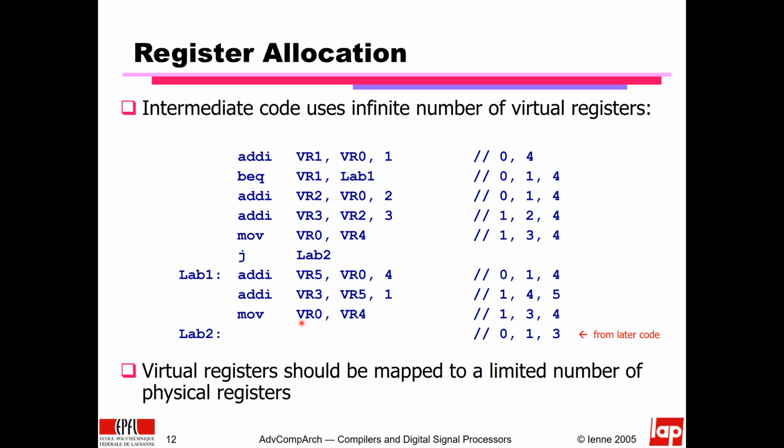Similarly here, for instance, you see with VR0 that this is clearly the last reading of that value, because here I overwrite it with yet another value. So here there will be yet another live value in 0, but during these two instructions, there is absolutely nothing of interest in VR0.